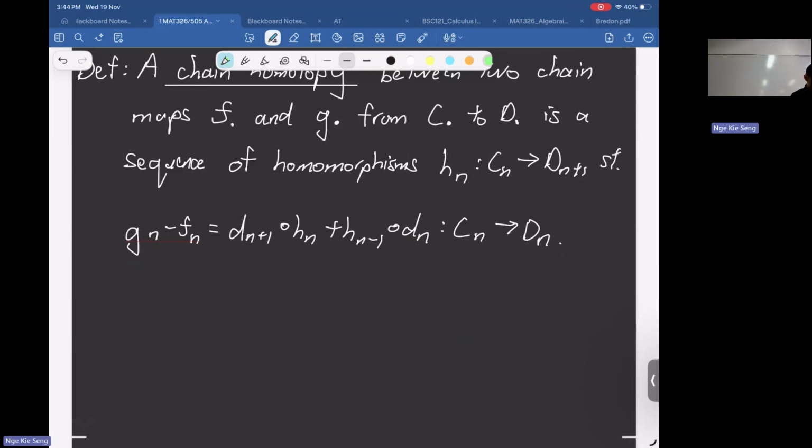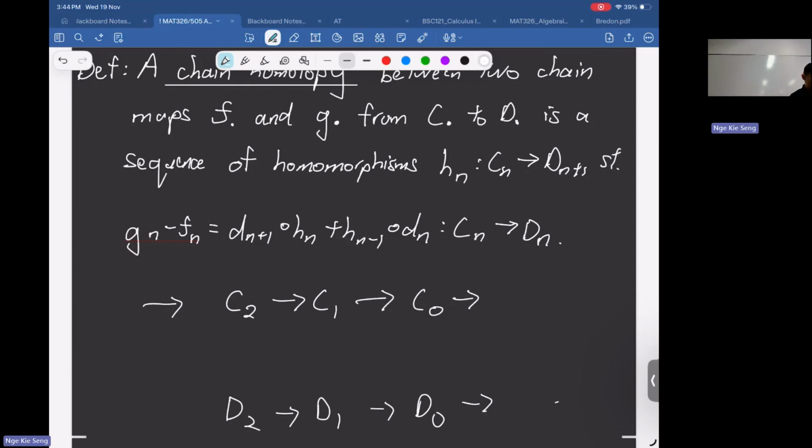So let me draw this out. How should you view this? So C, maybe C2, C1, C0, and so on, and then D2, D1, and then D0. Okay, and then you have F going across, F and G like that.